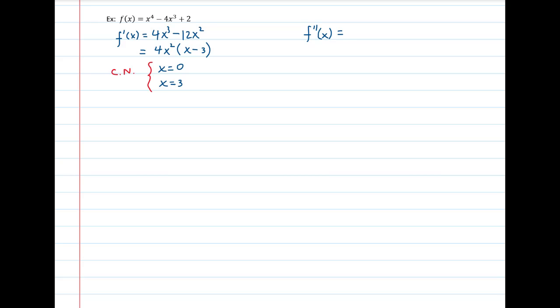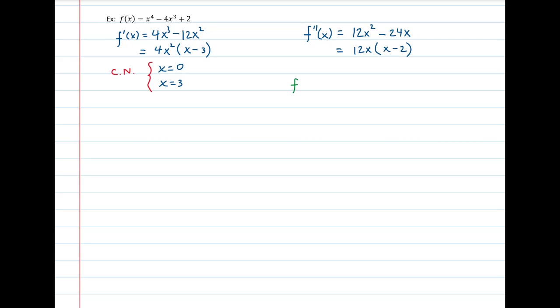Now we're going to find the second derivative, and this process is very straightforward for functions as nice as polynomials. Finding derivatives is a very straightforward process. F double prime of x would be equal to 12x squared minus 24x. Factoring out the 12x, we get 12x times x minus 2.